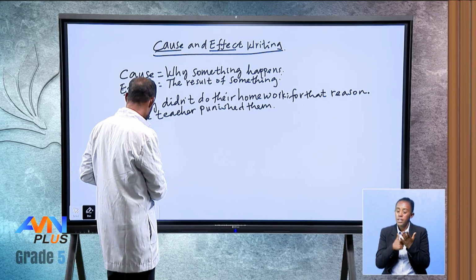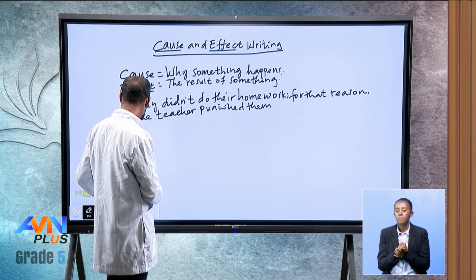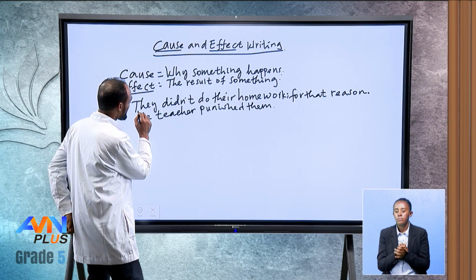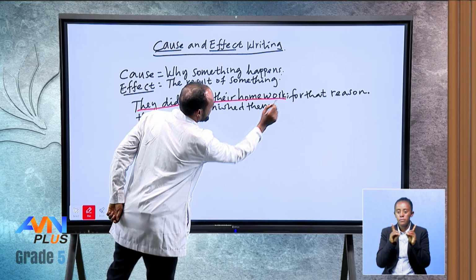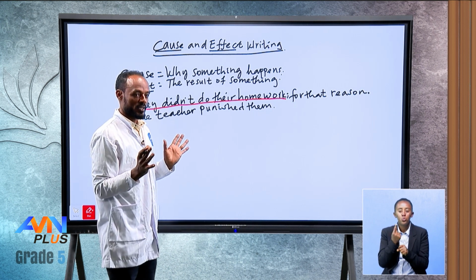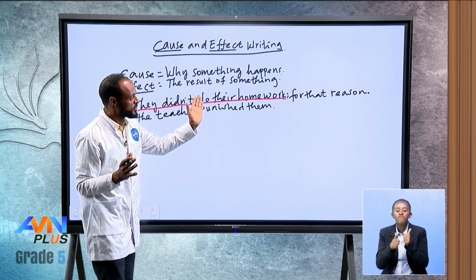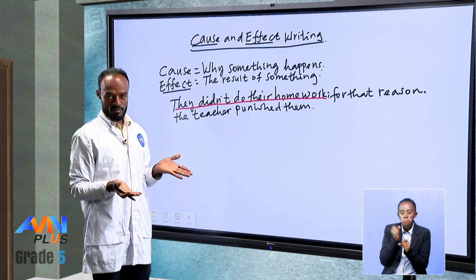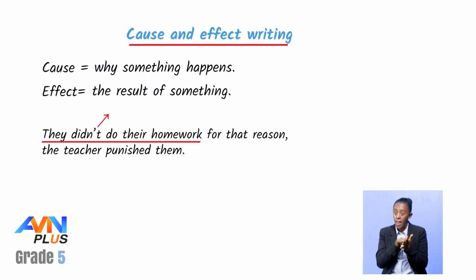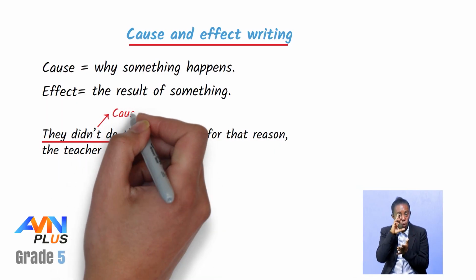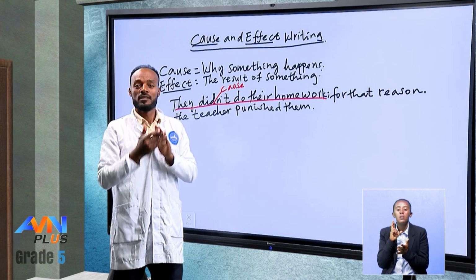In this sentence, look, they didn't do their homework. Is it cause or effect? Yes, they didn't do their homework. That is the cause. Bear it in your mind. So what happened then?